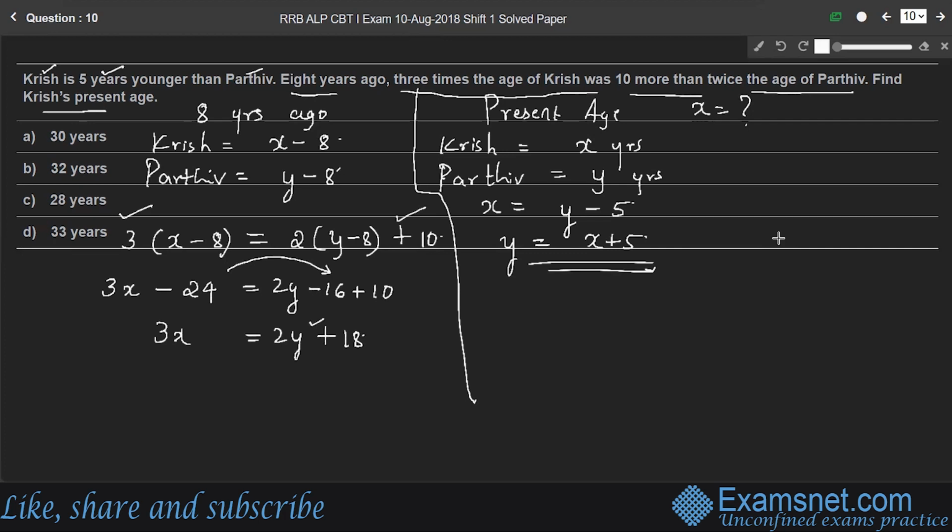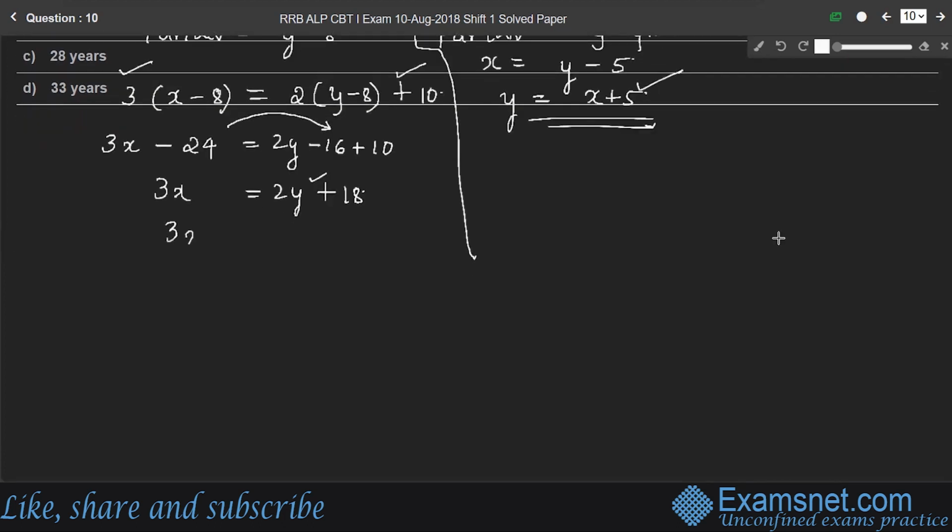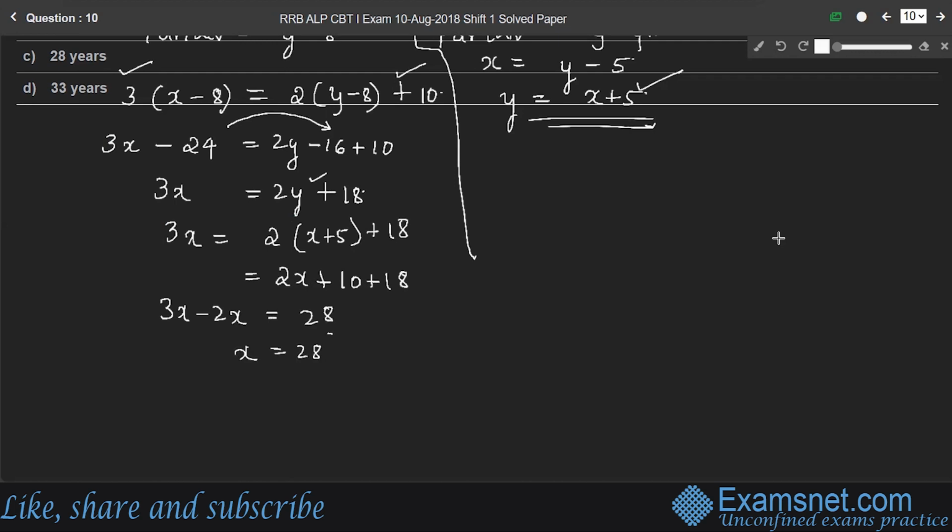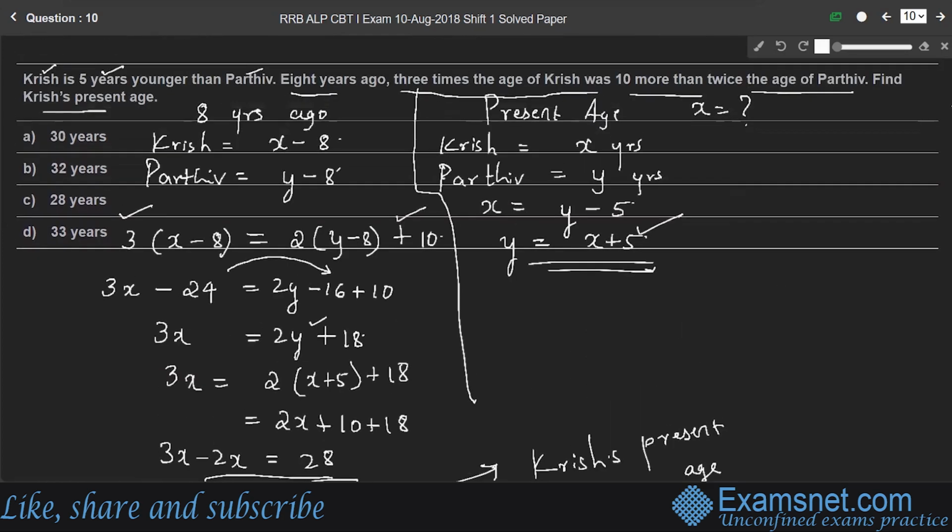Considering Y as X plus 5, 3X becomes 2 into X plus 5 plus 18. Simplify it: 2X plus 10 plus 18. Therefore, 3X minus 2X is equal to 10 plus 18, which is 28. So the value of X is 28. What is X? Krish's present age. Look at the options. Option C is the right answer. Krish's present age is 28 years.